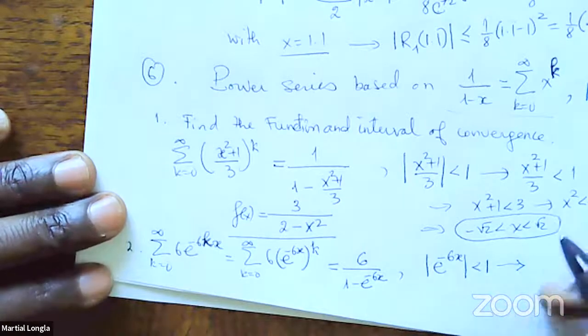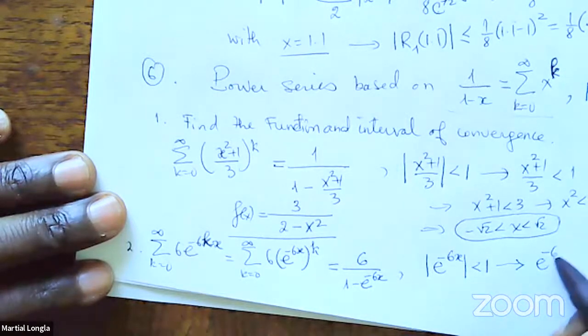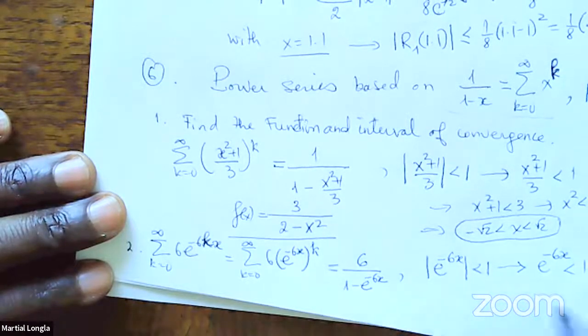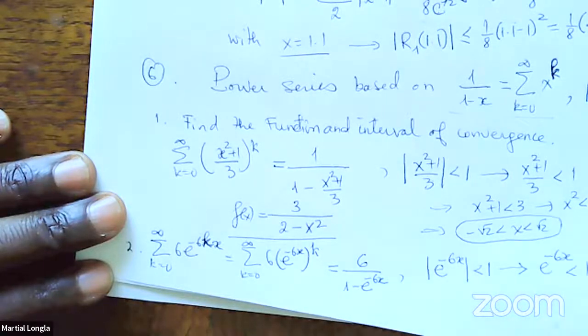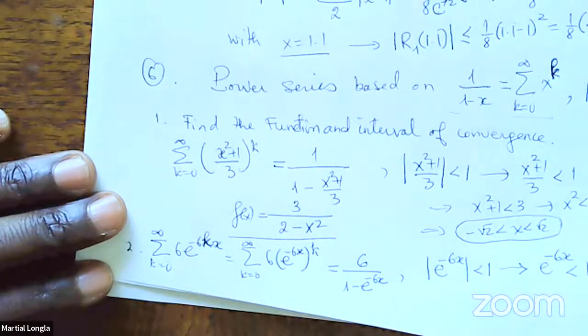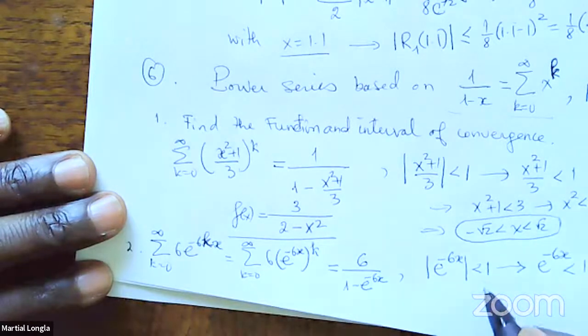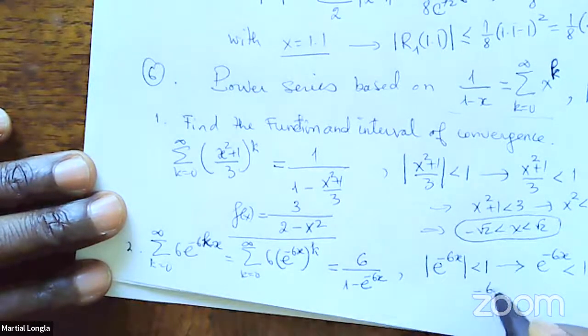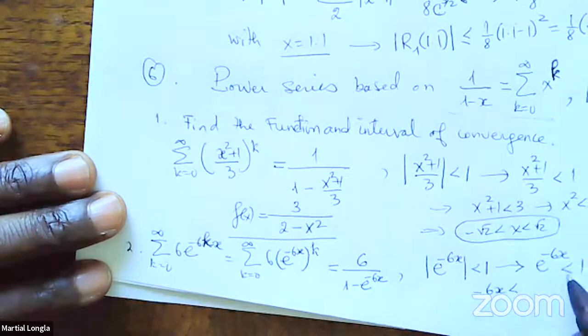The absolute value is not necessary because e to negative 6x is always positive. And now here, the exponential function is strictly increasing. So you can apply natural log to both sides here. So you get negative 6x less than natural log of 1, which is 0.